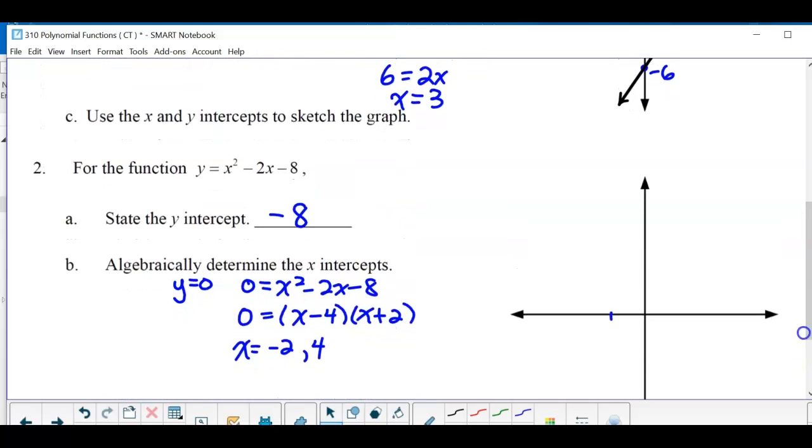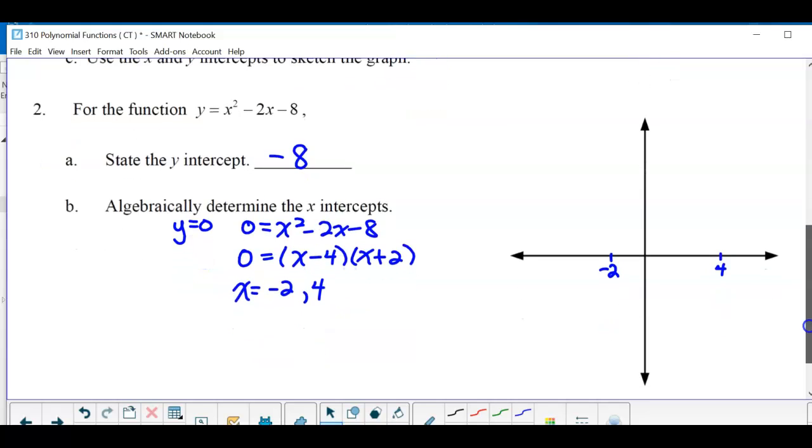And so really we've already learned from the last unit, we could also algebraically determine the vertex form, right? So we do know that the axis of symmetry is halfway in between. So halfway in between negative 2 and 4 is 1.